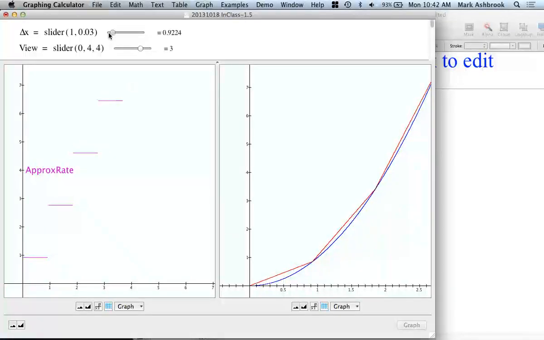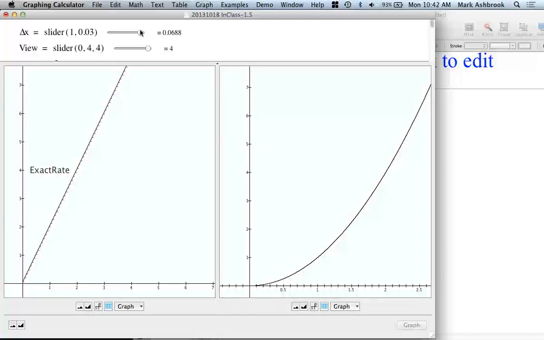Let delta x get small, right? So we can let delta x get small. And when it gets very, very small, okay, so it's very small, and then that forms the exact rate, right? Forms the exact rate. Okay, so as functions, what was the first function? So going back to that process, what's the first function?